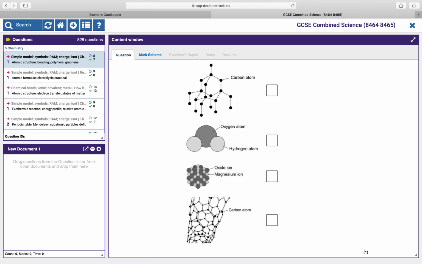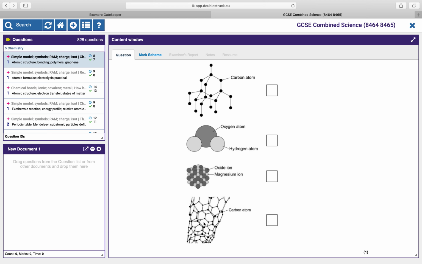That one up there is diamond. This one here is a simple covalent molecule, and this is an ionic compound. So the diamond and the fullerene are giant covalent molecules.